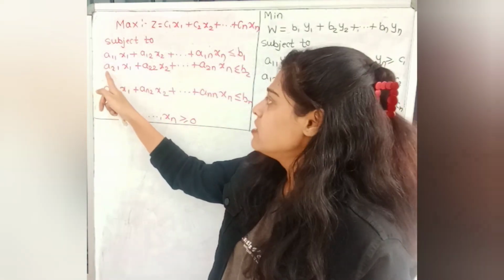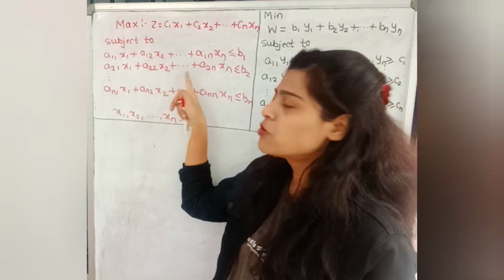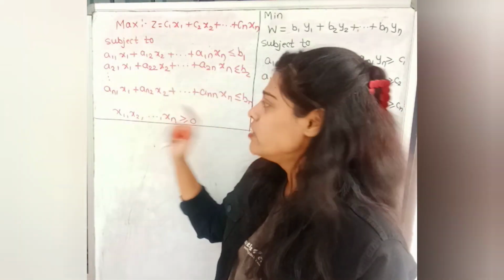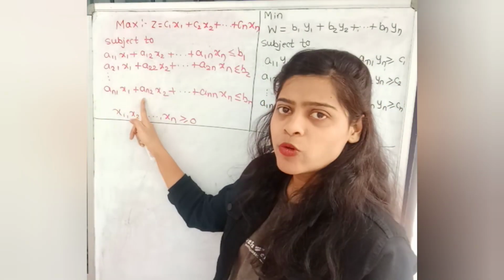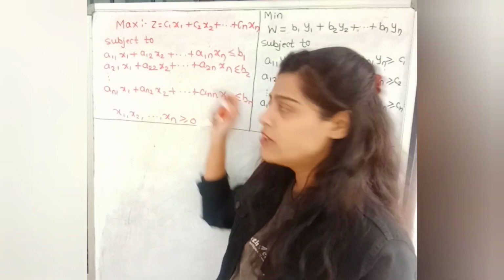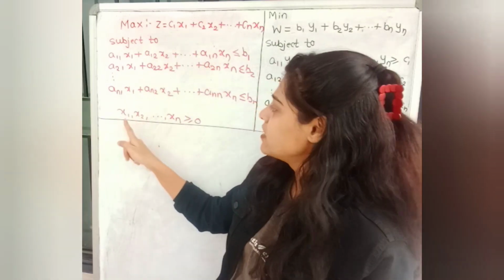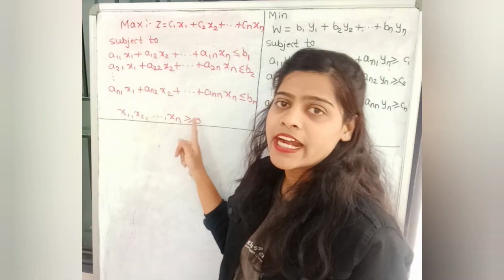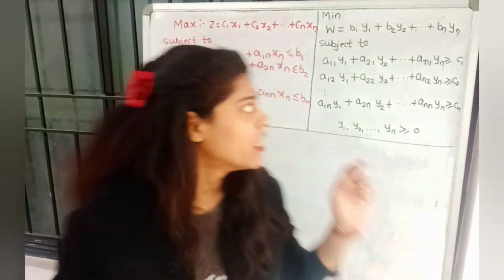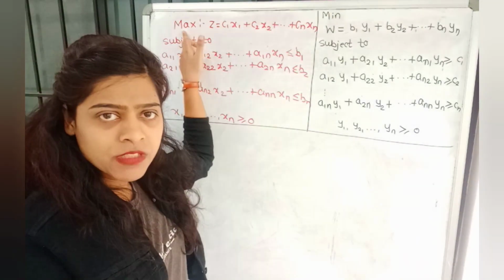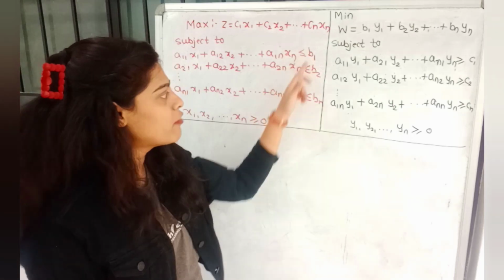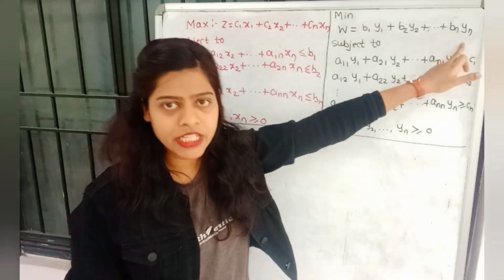Second constraint is a21x1 + a22x2 + ... + a2nxn ≤ b2, and so on, up to an1x1 + an2x2 + ... + annxn ≤ bn. The non-negative condition is x1, x2, ..., xn ≥ 0. Then its corresponding dual: since it is a maximization objective, it will be converted into minimization, and we place b1, b2, ..., bn in the objective function.